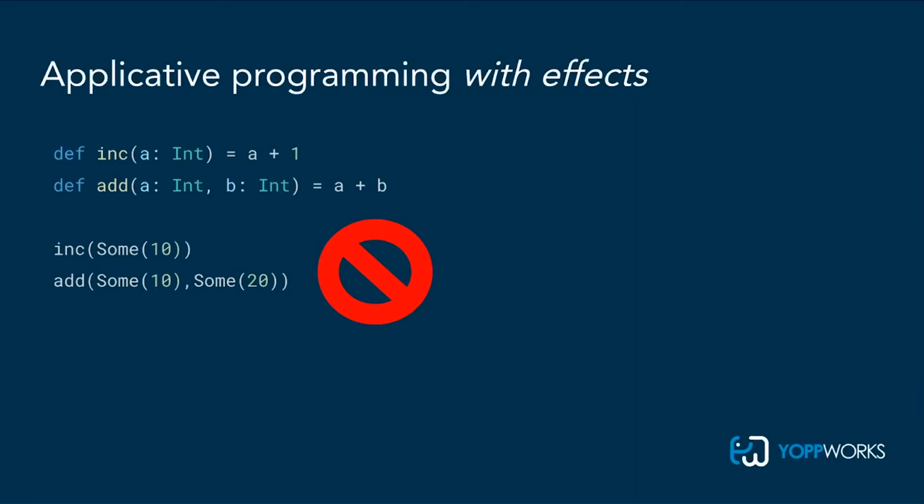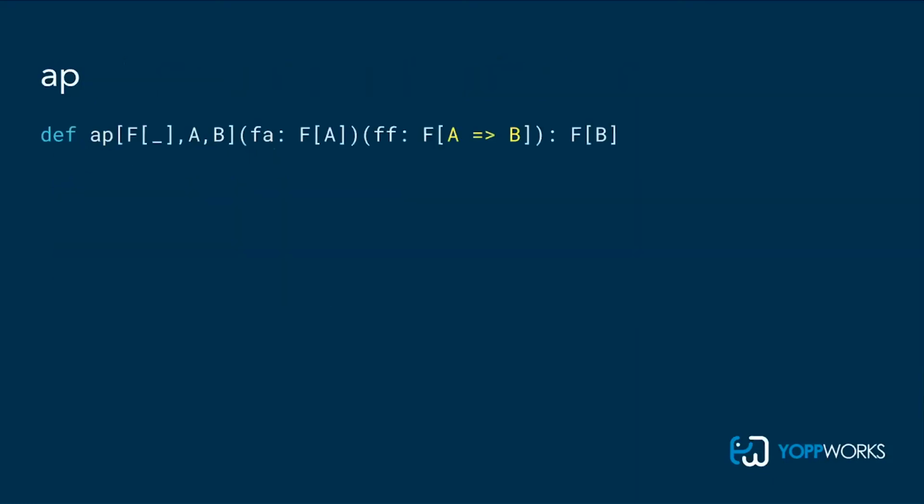So that's why we need something special to do it. Here's our fourth mapping function, the app. App, once again, maps an FA to an FB. What you'll notice is the highlighted A to B function is a pure function, but that is in itself an effect. That's the main difference.